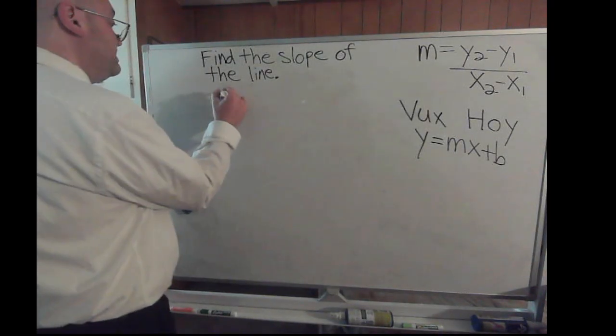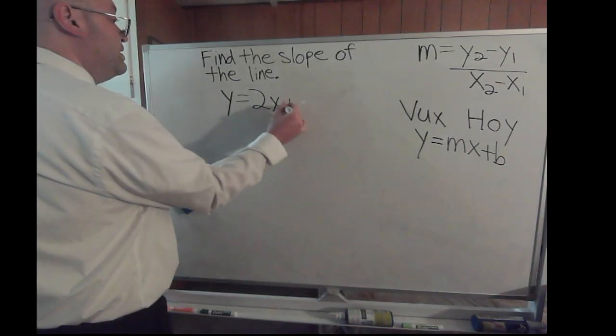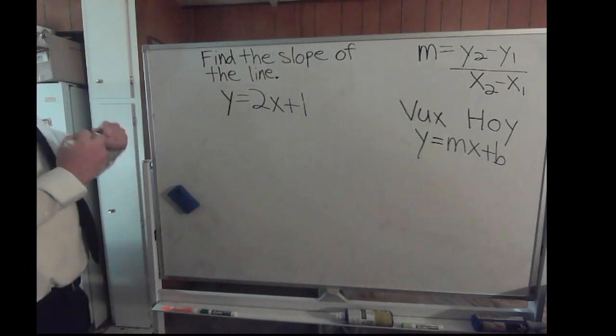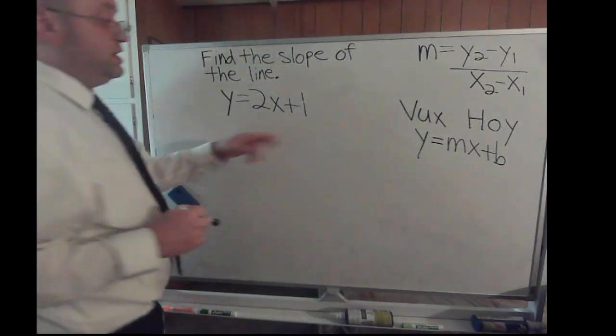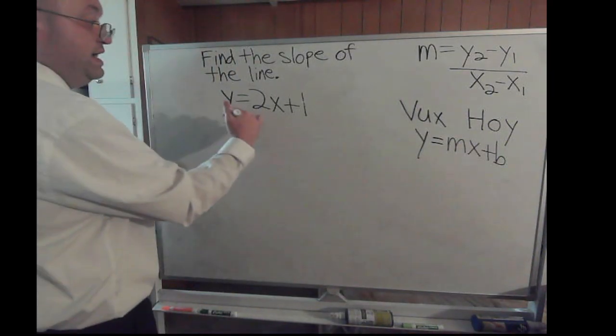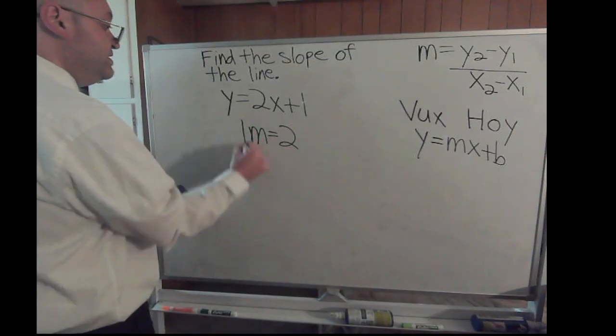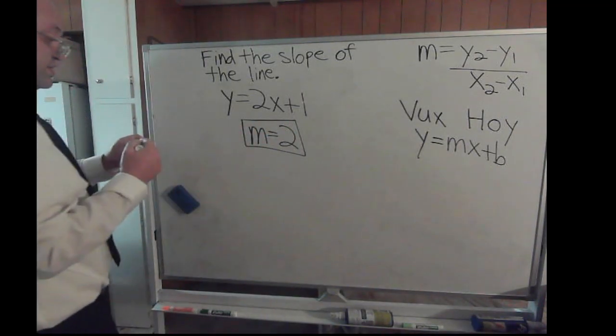So let's say they give you the equation y equals 2x plus 1. Well, it's in the form of y equals mx plus b, so m is equal to 2. So the slope of this particular line is equal to 2.